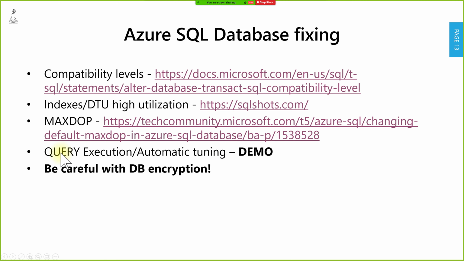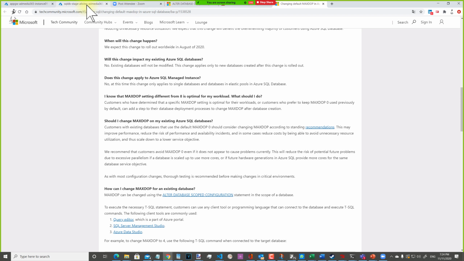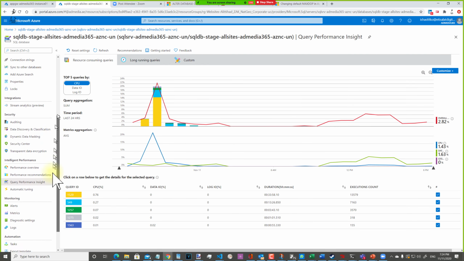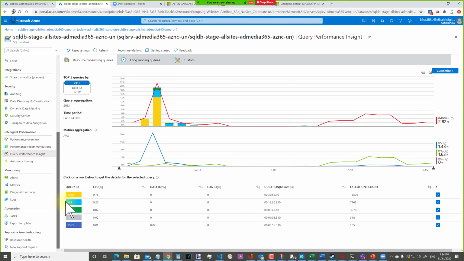And the last one, automatic query execution tuning. It's a short demo. I hope you are using this, but if you are not, please be aware that there is intelligent performance on the SQL database.